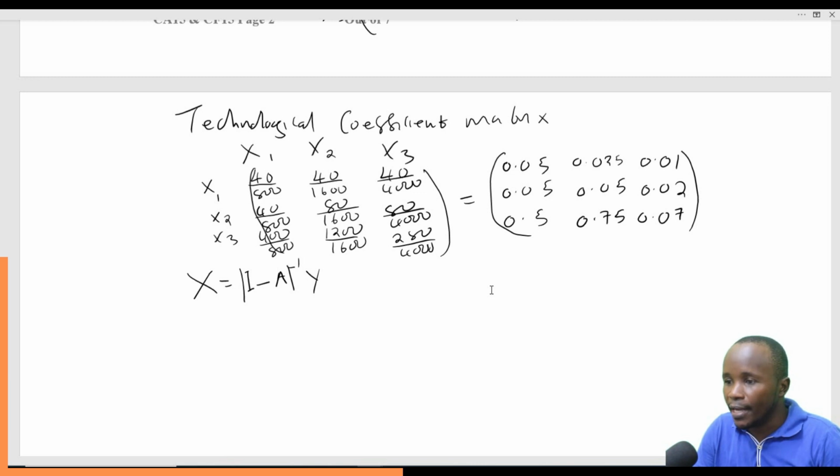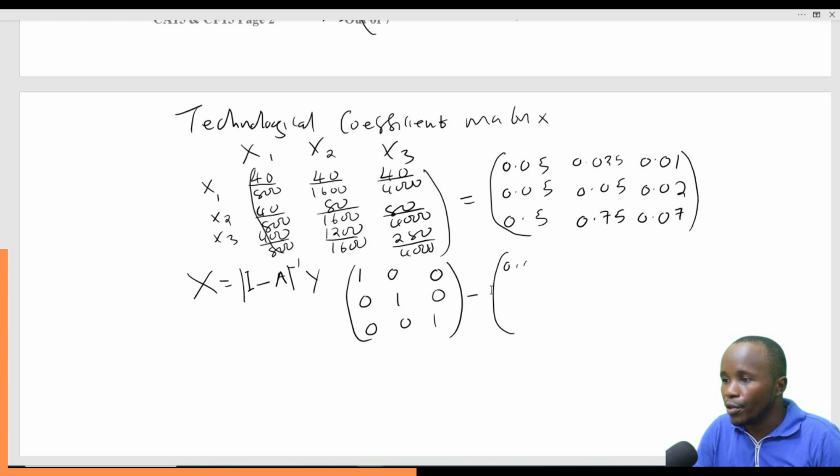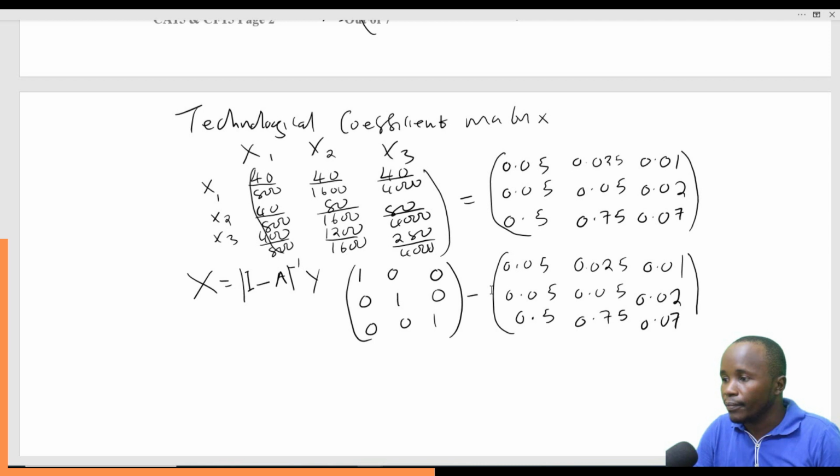So the identity matrix here becomes 1, 0, 0, 0, 1, 0, 0, 0, 1. I subtract my coefficient matrix 0.05, 0.05, 0.05, 0.025, 0.05, 0.75, and this is 0.01, 0.02, 0.07.